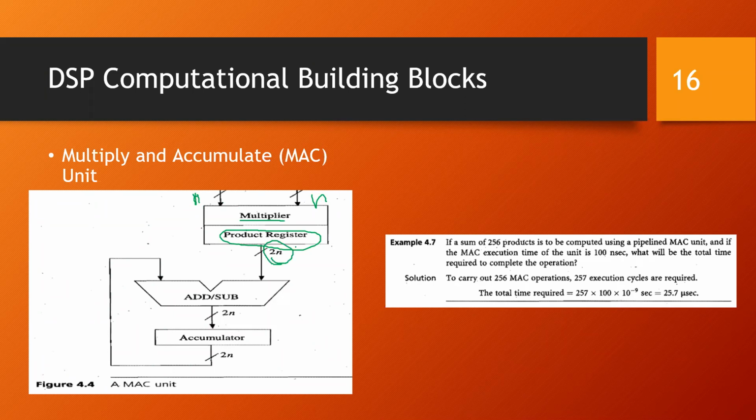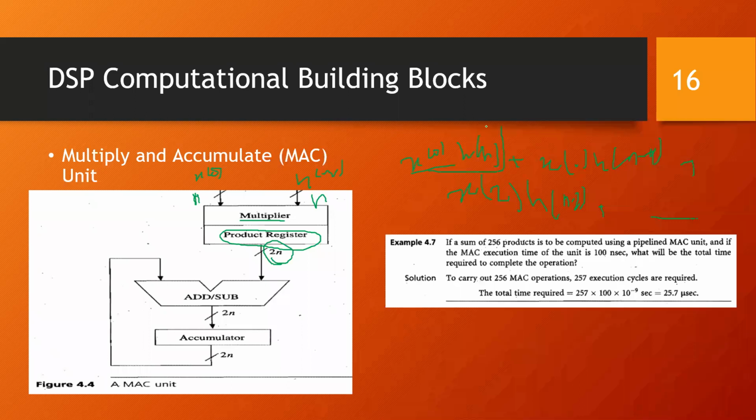It is the example we had discussed: x of 0 into h of n plus x of 1 into h of n minus 1 plus x of 2 into h of n minus 2 and so on. For example, x of 0 is given to this input and h of n is given to this one. It will provide the product of these two, and 2n bits are available.